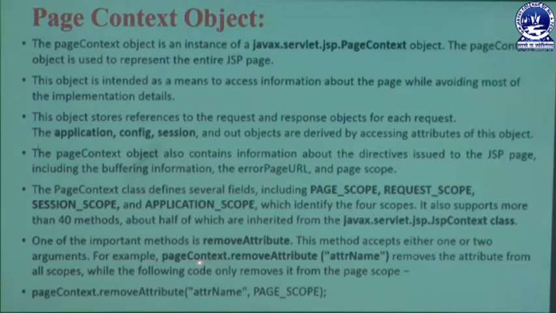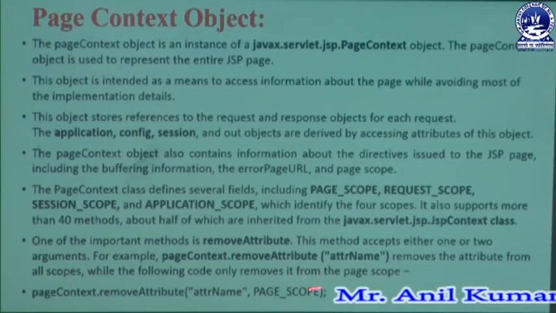For example, pageContext.removeAttribute means we want to remove an attribute which was added in our JSP page. Whenever a user creates a JSP page, they can remove that attribute by using the removeAttribute method, which removes the attribute from all scopes, while the following code only removes it from the page scope.